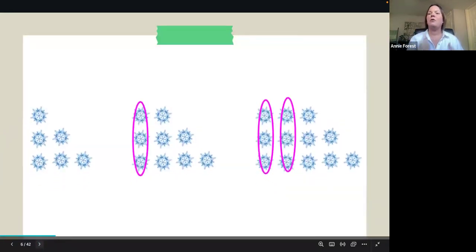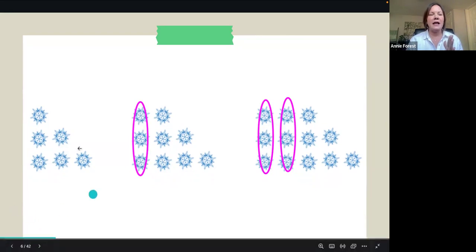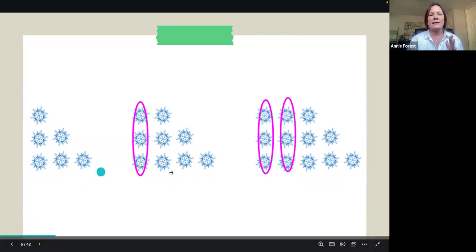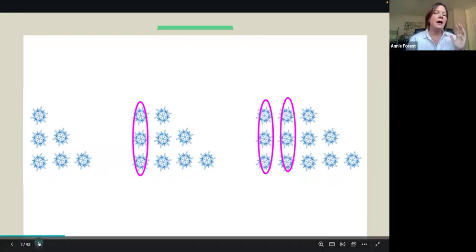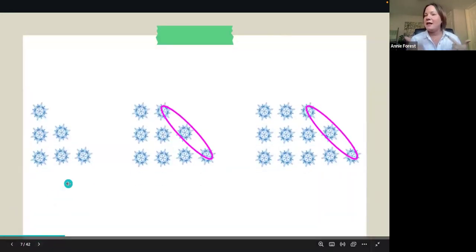If you saw a column of 3 being added each time, this is the visual to represent that. Here's this triangle of snowflakes that is over here now, and on the left-hand side, a column of 3, and then next time another column of 3, and that's where some people see it growing. Another way that people see it is the diagonal idea, and somebody said this in the chat.